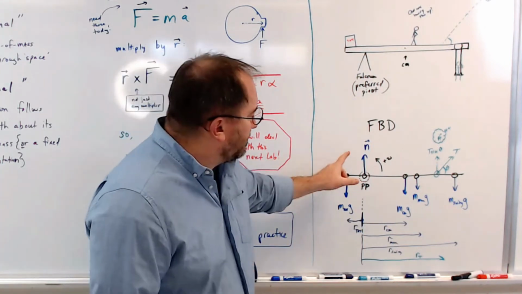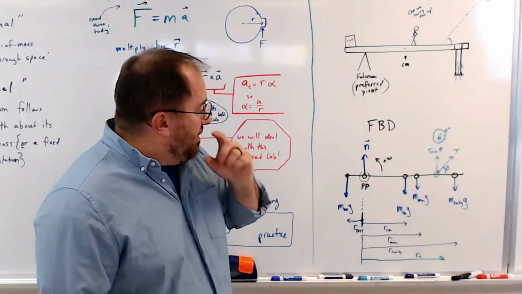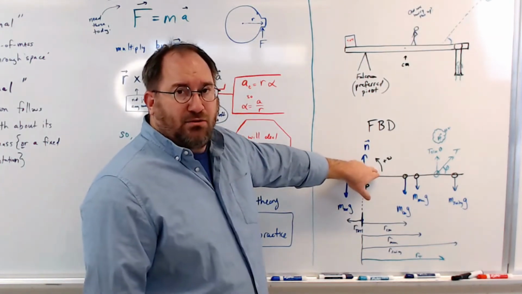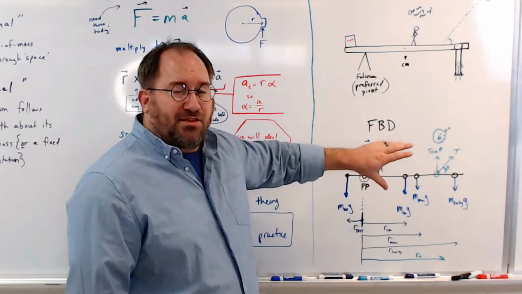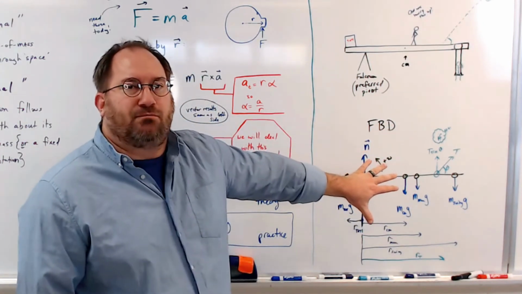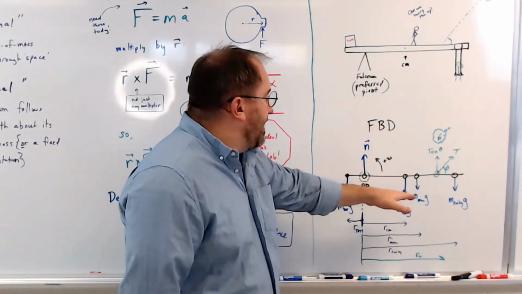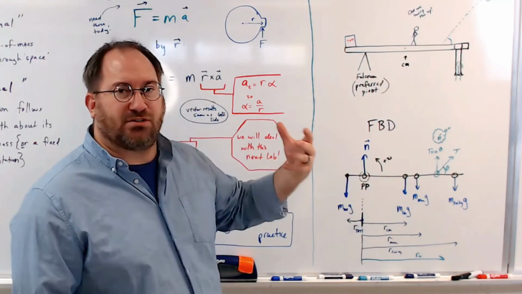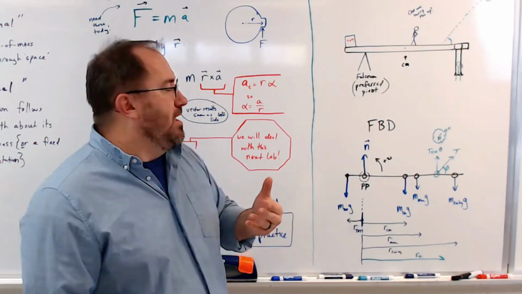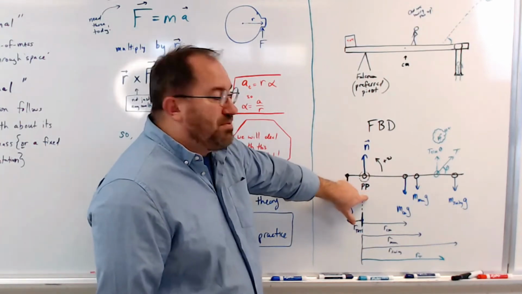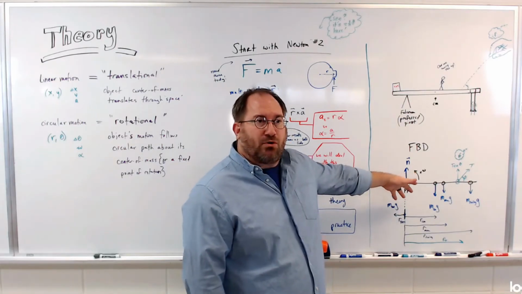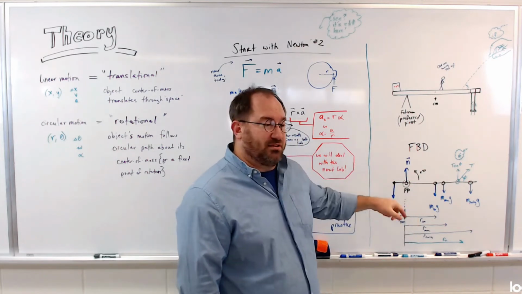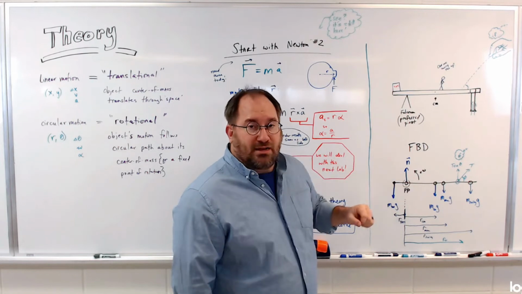You indicate your forces according to what you see, and then you indicate a positive angle of motion. Now this is static equilibrium. It's not going to move, but it could move if we change the forces somehow or cut something. We want to give ourselves a positive reference, and indicating this around the pivot point is helpful to remember which forces are going in the positive direction and which in the negative direction relative to your indicated locations.